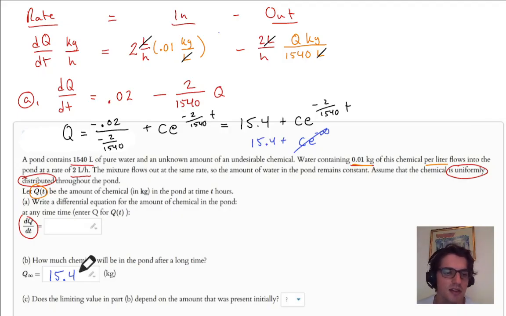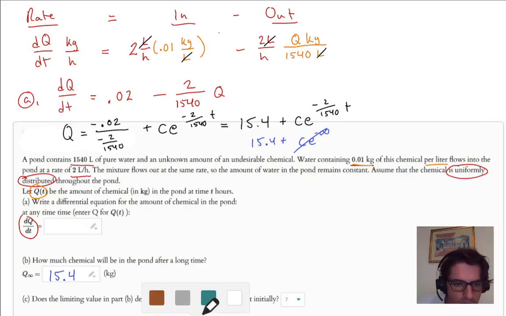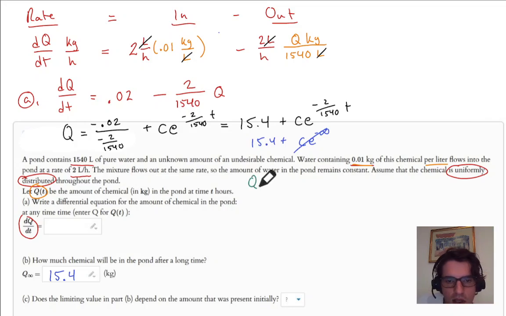And C says, does the limiting value in part B depend on the amount of water that was present initially? Well, the amount of water that's present initially, we can solve this, and it might be good to. Let's say that there is an initial amount Q naught.